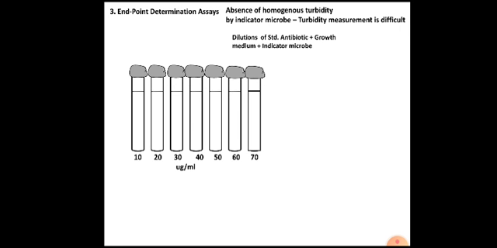Then this set of tubes is incubated for the desirable time at the desirable temperature, and next we get the response in terms of the growth of the indicator organism.